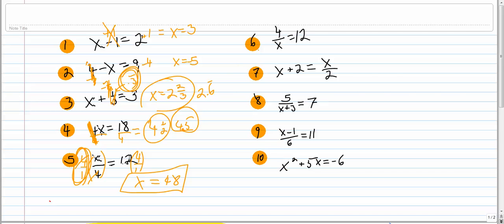Number 6. Let's see here. I guess it's a lot like number 5. This one, I think I'm going to take the route of saying this is a fraction. That's not a fraction, but I'm going to say this is a fraction, 12 over 1, so that way I can do my little cross-multiplying trick here.